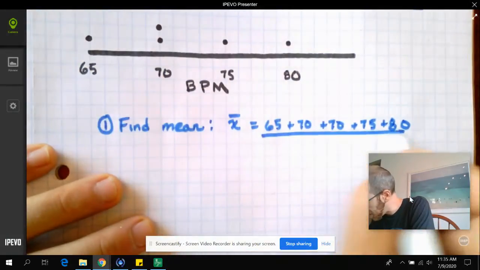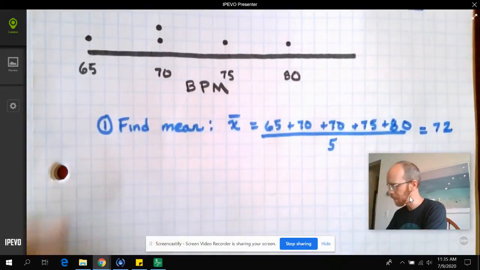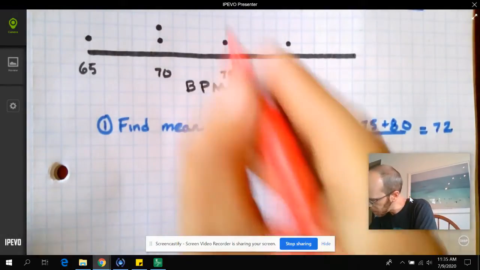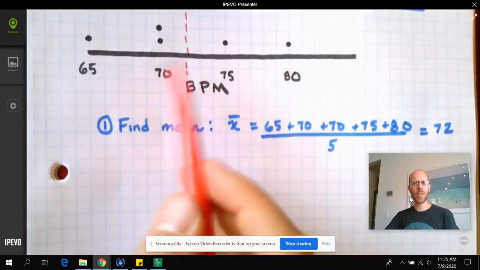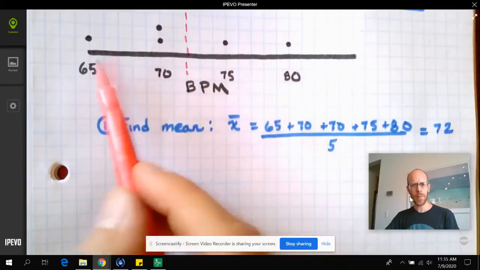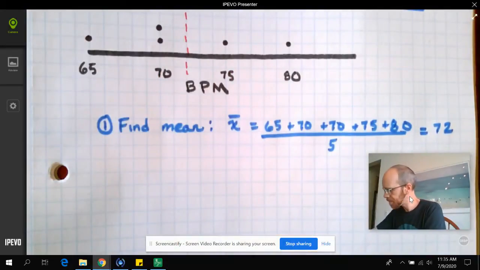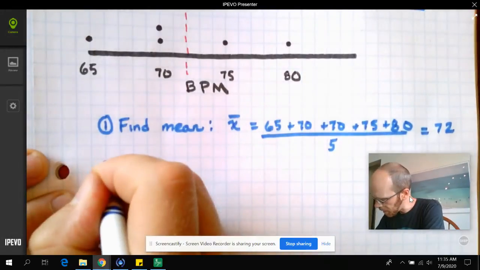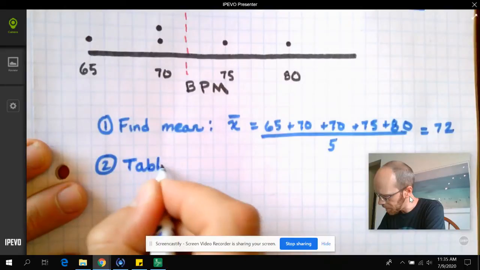Divide all of that by 5, and you're going to get 72 beats per minute. 72 is right here. You want to look and make sure that that seems about right. Yeah, I've got 2 values that are above it, 3 that are below. The ones that are below look like they're a little bit closer. That's good.